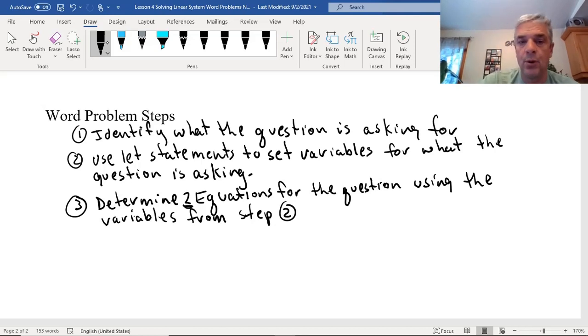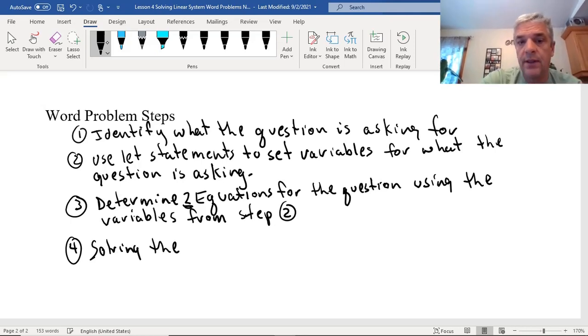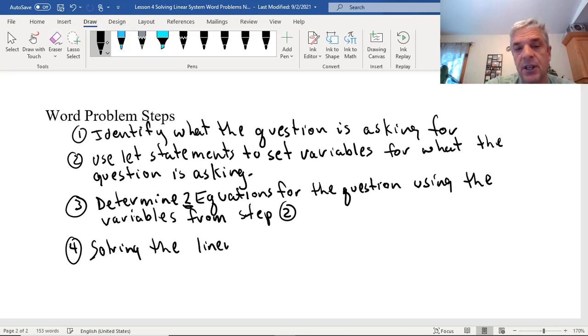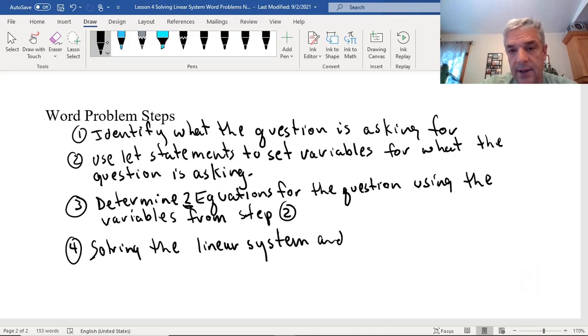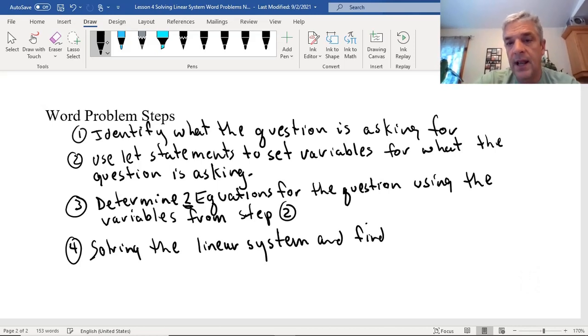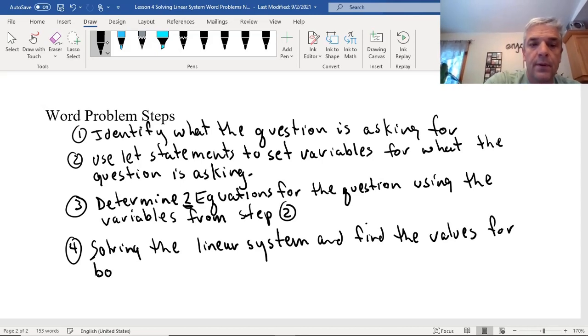And this is by far the most difficult step in solving word problems, okay? And then step 4 is solving the linear system, because essentially what you've done is you've created these 2 equations, right? Solve the linear system and find the values, should I say, values for both variables.